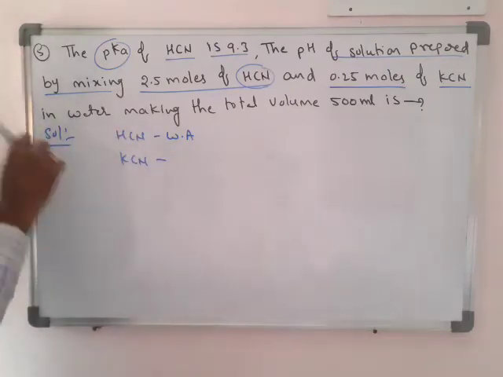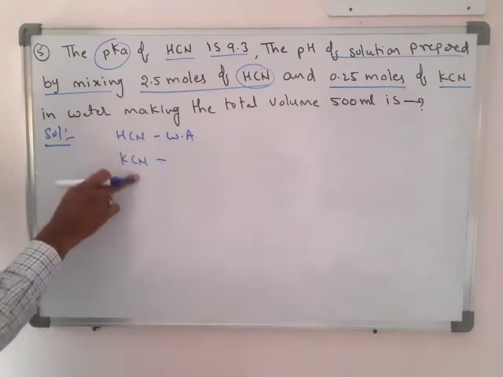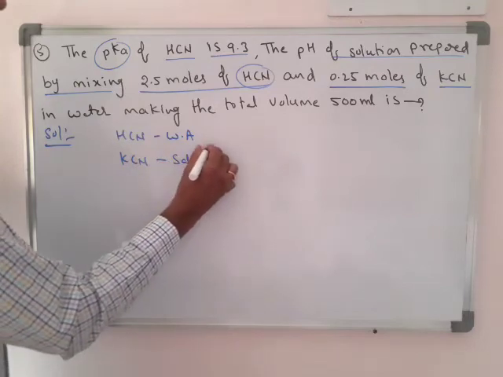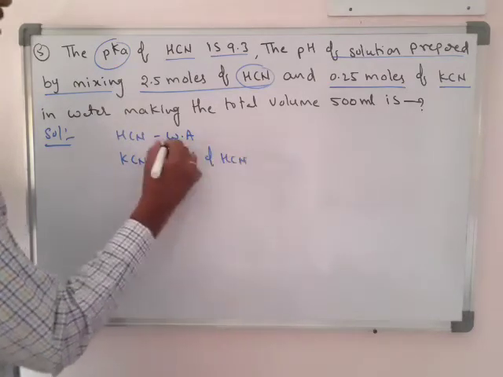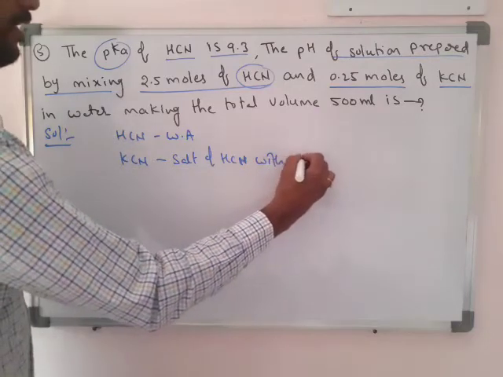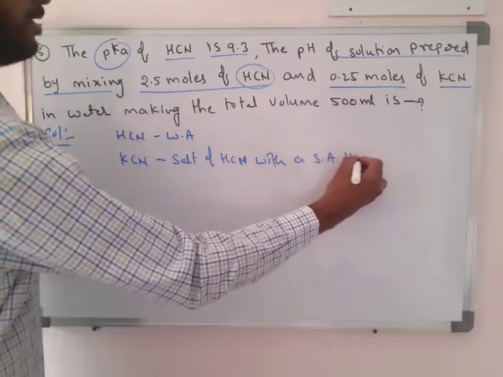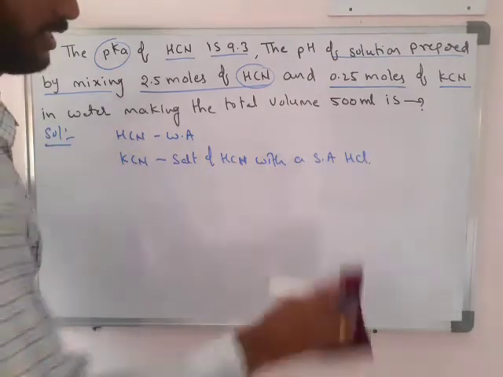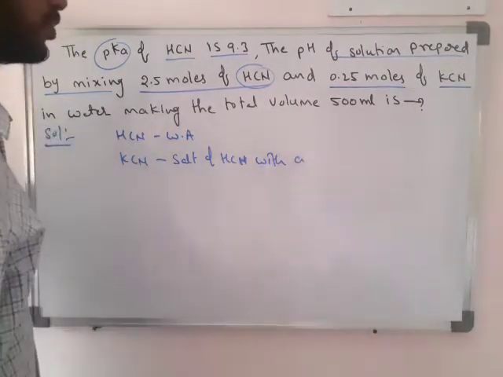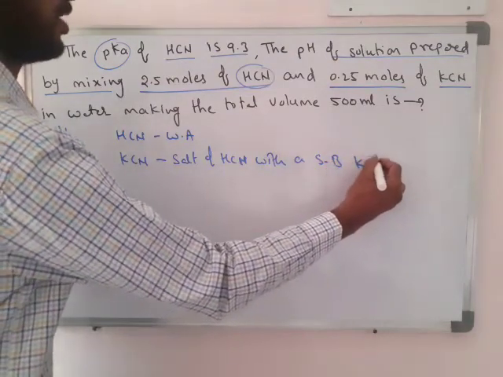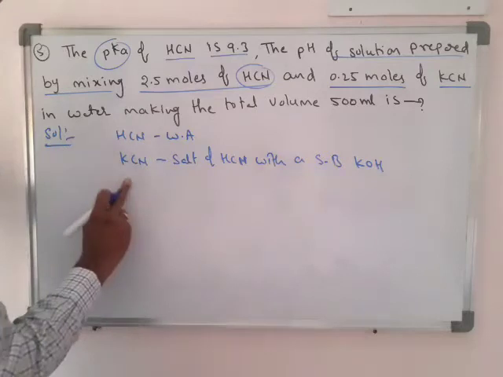CN minus is the conjugate base of HCN, and KCN is a salt of HCN with a strong base, potassium hydroxide.